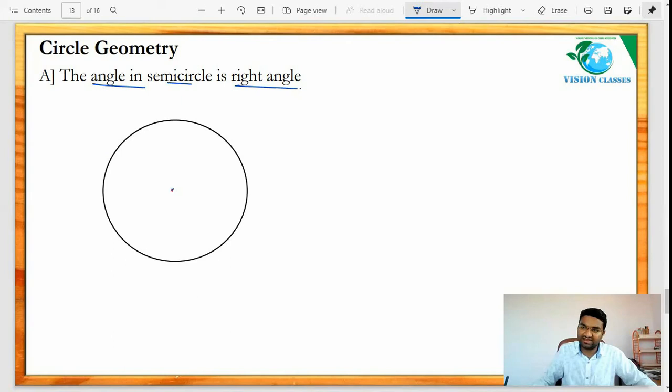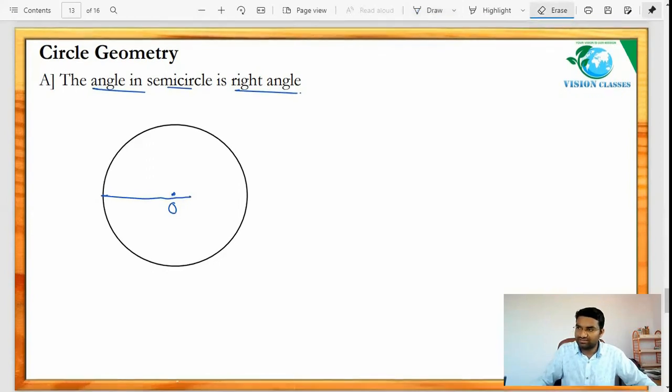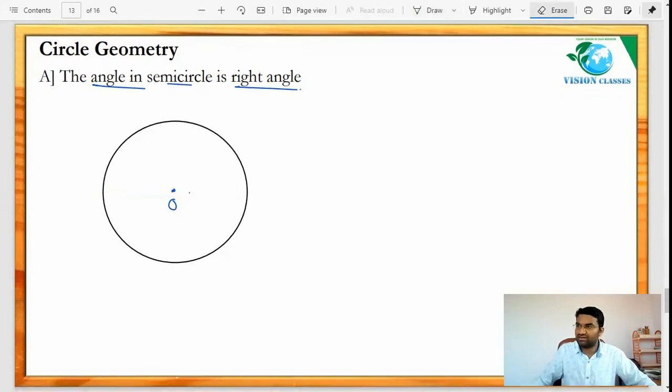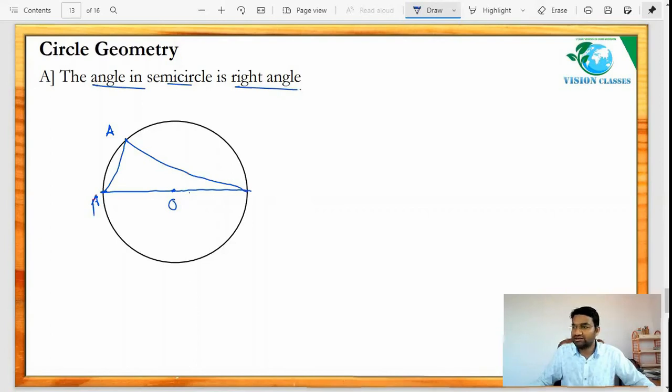Let's say this is the center of the circle O, and if you draw the diameter PQ, and take any point, let's say I will take point A here, and if you join A and P, A and Q, then here it is 90 degrees actually.